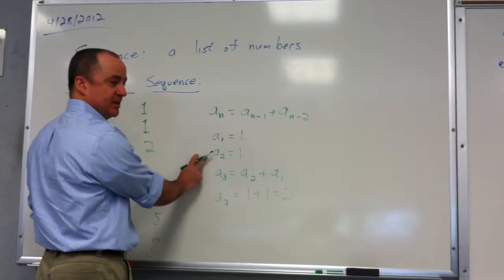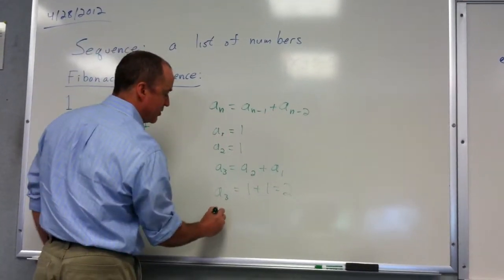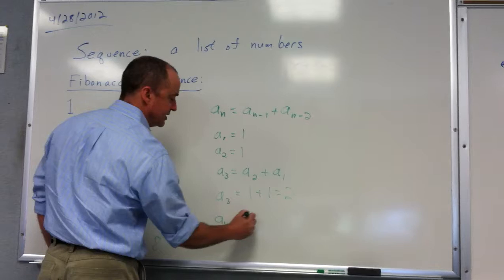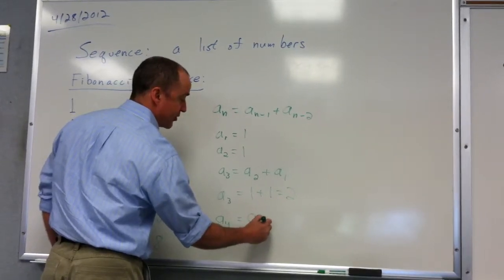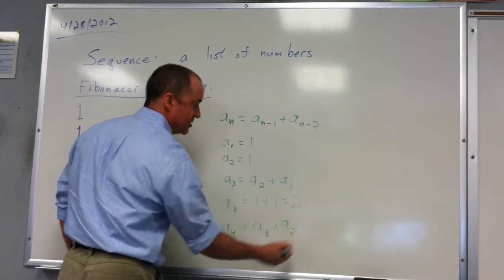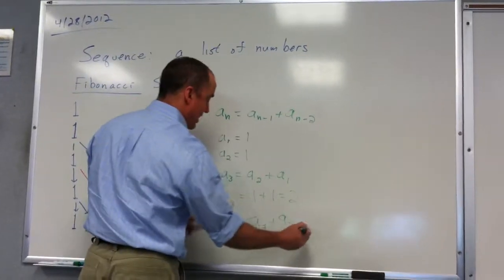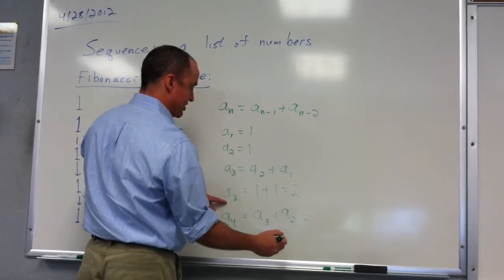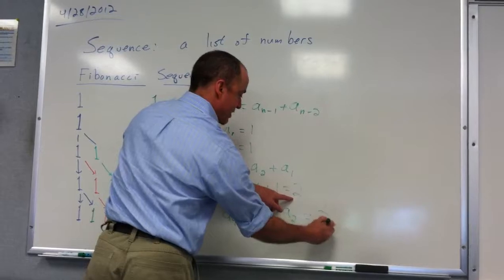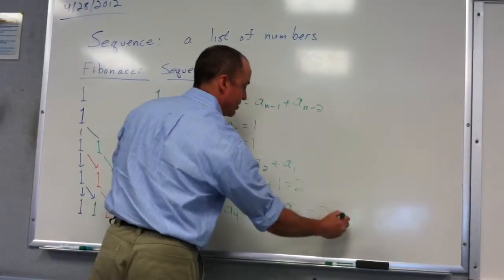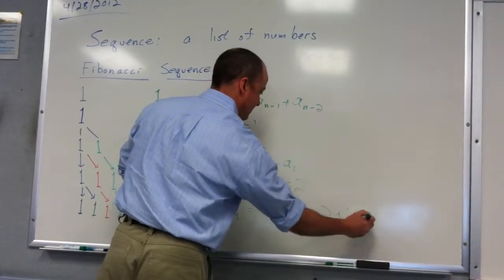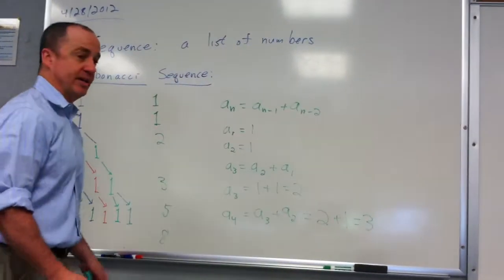After that, you would say a sub 4 equals a sub 3 plus a sub 2. Well, a sub 3 you just found out was 2, and a sub 2 you were given was 1. So a sub 4 is 3.